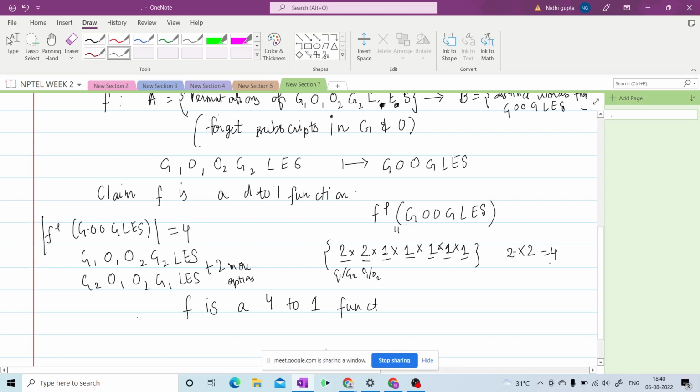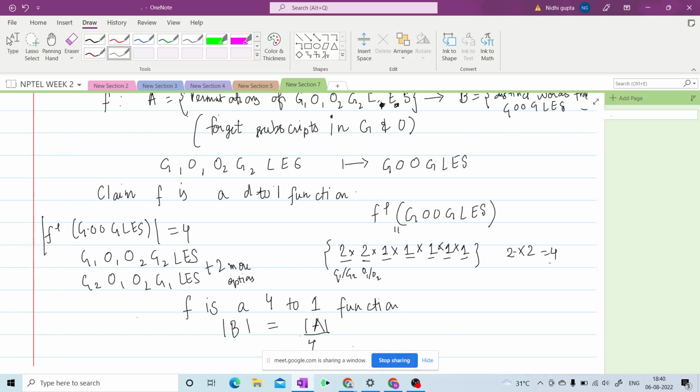So now if F is a D to 1 function going from A to B, what is the order of B in terms of the order of A? 4 elements of A are going to 1 element of B. Yes, that's it.